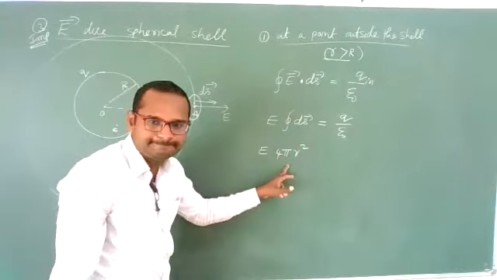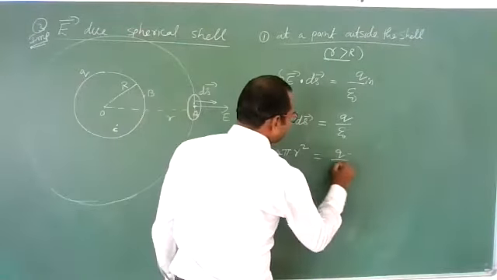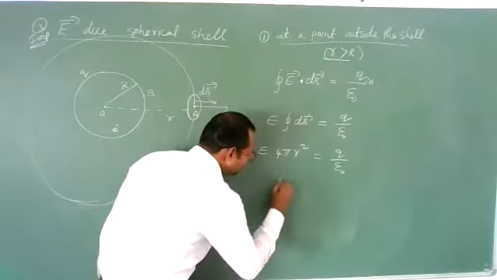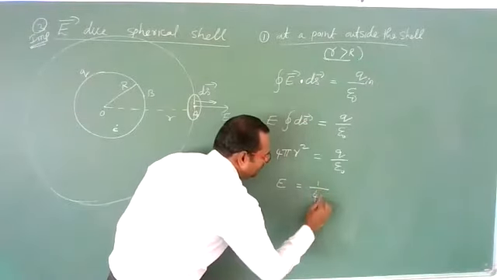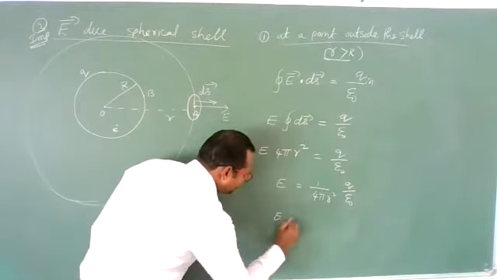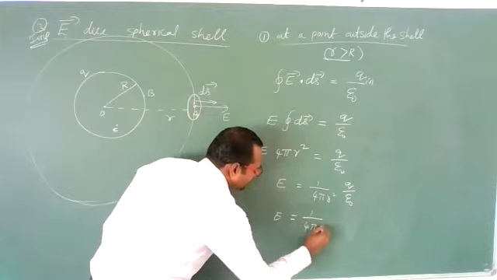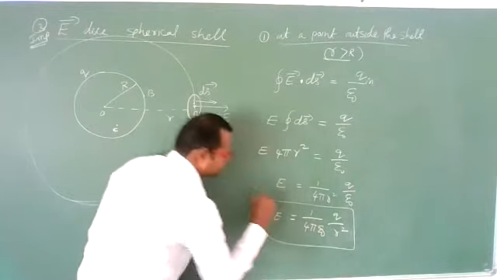So E times 4 pi r square is equal to Q by epsilon naught. Then E can be written as 1 by 4 pi r square into Q by epsilon naught. Can we write this as 1 by 4 pi epsilon naught Q by r square? Yes, definitely.